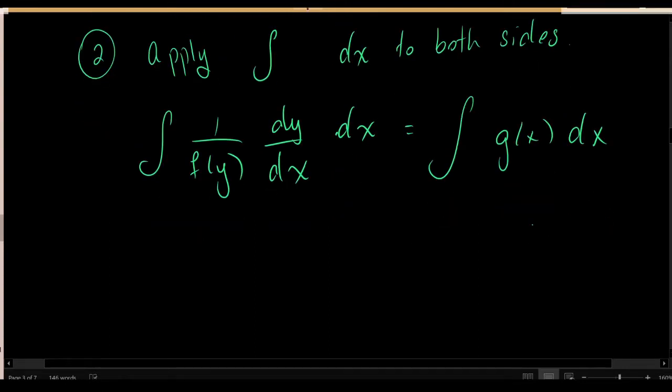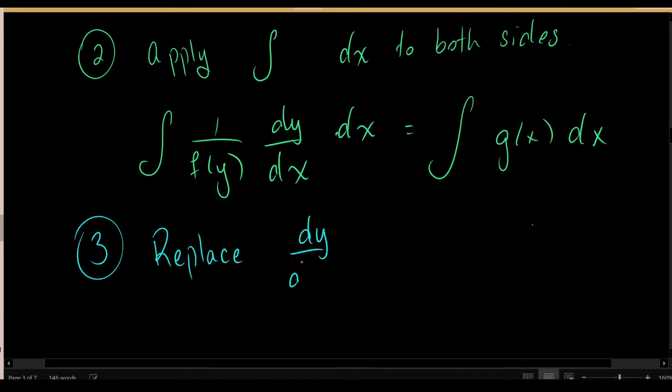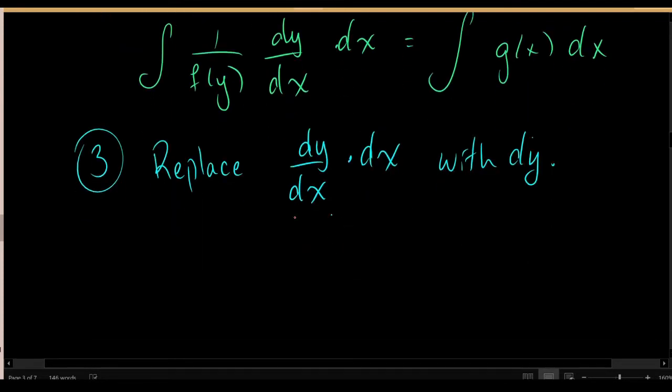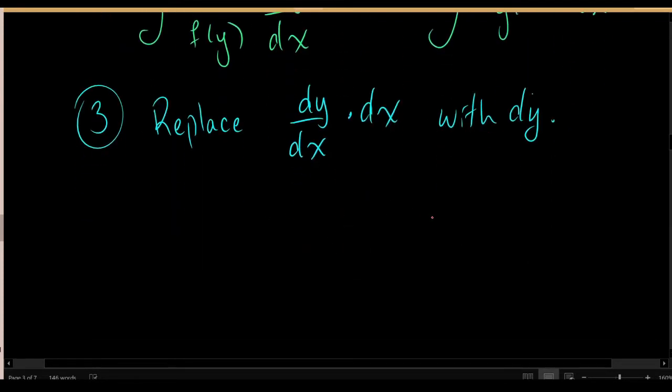Now here's the big trick. You're going to want to replace the product dy dx times dx on the left-hand side with just dy. Almost as if you were cross-canceling the two dx's.